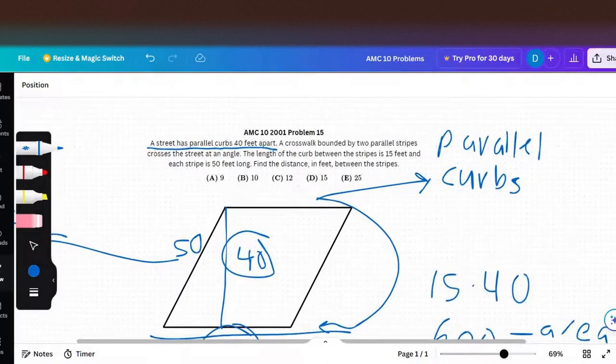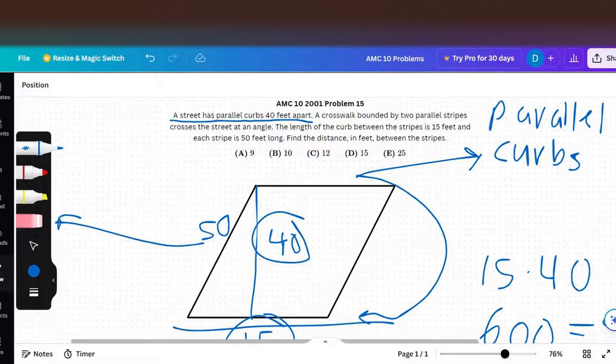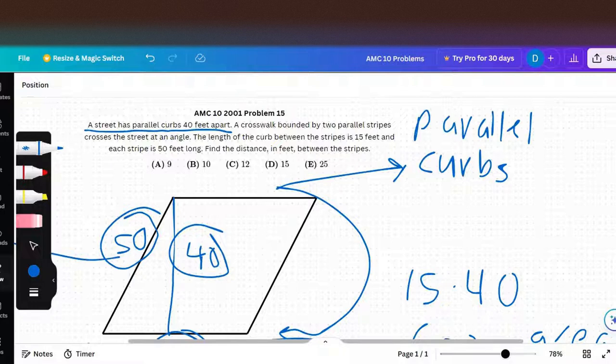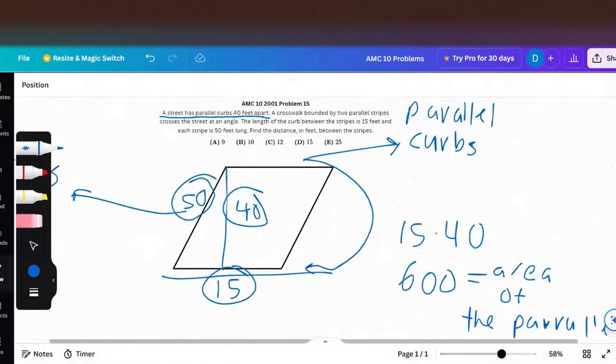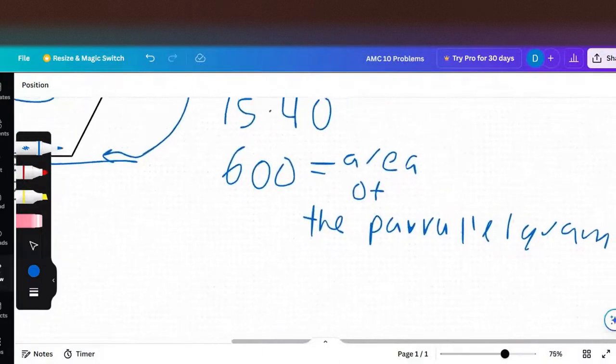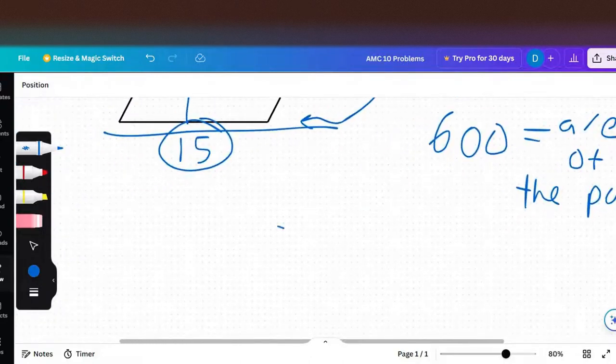It also says find the distance in feet between the stripes. Between the stripes, it's asking basically for the altitude. Since the other base is 50, the altitude of the parallelogram is what we're looking for, and that's extremely easy. We just divide the total area by the base.